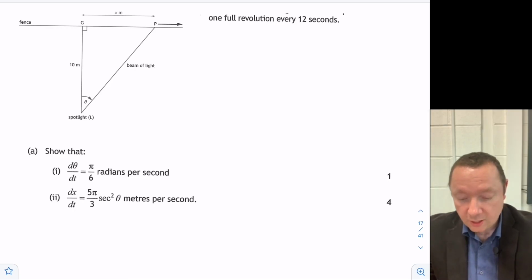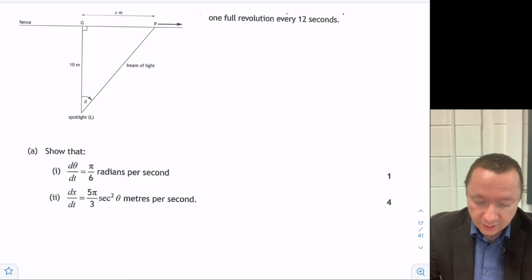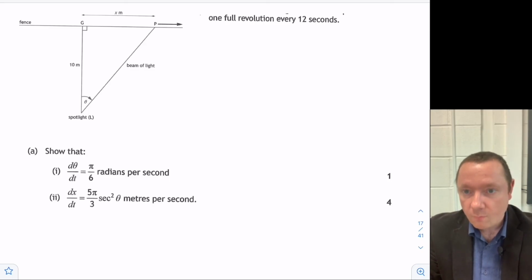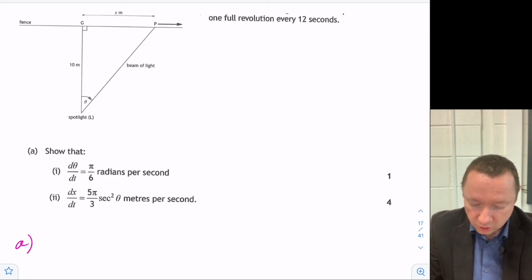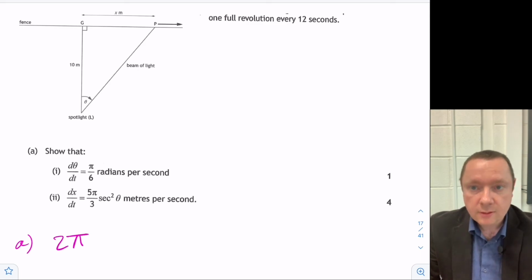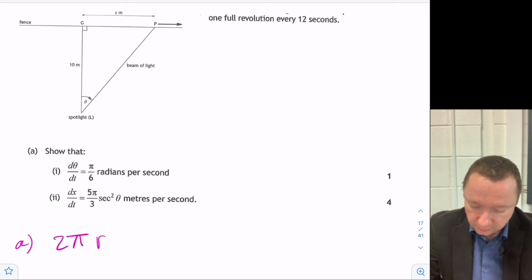For question A, I've copied and pasted the relevant bits of the information, the diagram itself, and the fact that we've got one full revolution every 12 seconds. So for part A, we've got one full revolution, so 2 pi radians every 12 seconds.